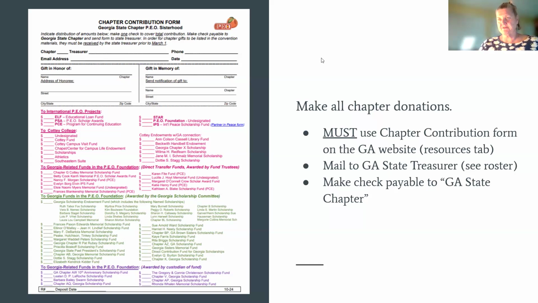That individual contribution form goes directly to P.E.O., and they could put $10,000 to PCE, and then they would get the deduction because it's going directly to P.E.O. Chapters do not get the tax deduction. Only the P.E.O. sisterhood in Des Moines can give you the tax deduction. Those are the two big questions I've gotten this year.